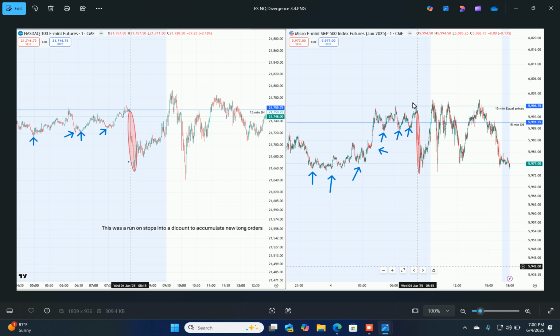So when they didn't want to make equal prices, that was the divergence. And I only trade divergences when prices trade underneath previous low prices, or when the market trades above previous high prices. That's a little bit more advanced, you could say.